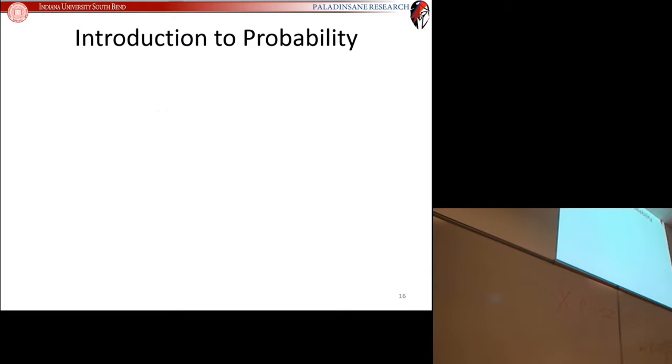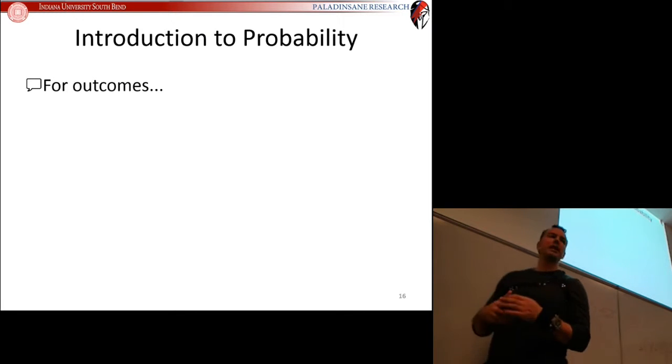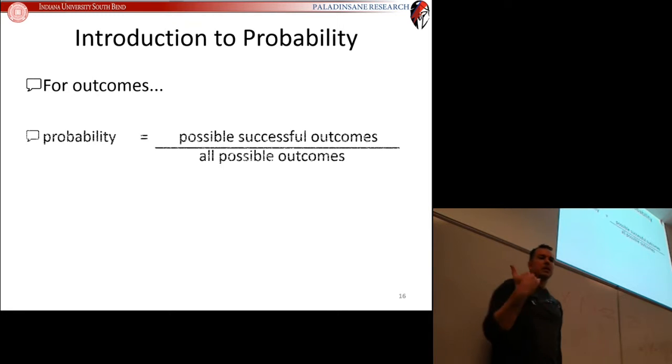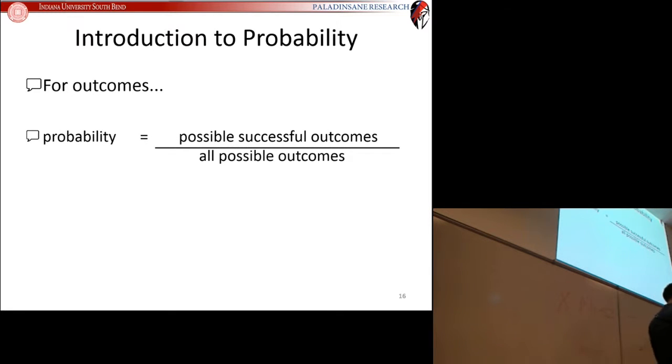All right, so introduction to probability. For any outcome, for any series of outcomes, the probability of a particular outcome occurring is the possible successful outcomes divided by all possible outcomes. So that's the original mathematical definition. For example, if you're flipping a coin and you win when heads is flipped, there's one successful outcome, right?